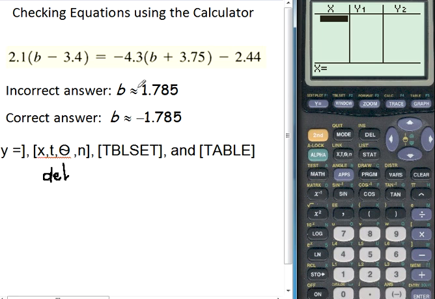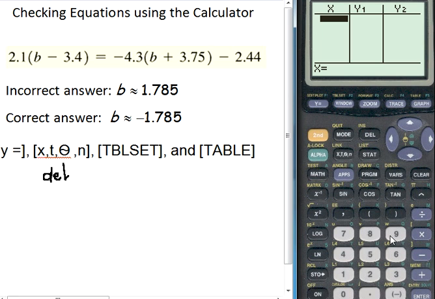Now let's put the wrong answer in, which I made wrong only by having the wrong sign. The actual answer was a decimal that went on and on forever, and I rounded it to 3 decimal places, the thousandths place, and I put an approximately equal symbol rather than an equal because I rounded. Now, I could have rounded to 2 places, and I'm going to show you that as well.